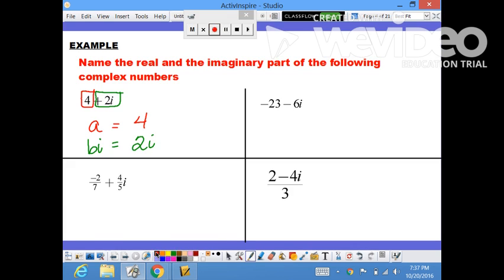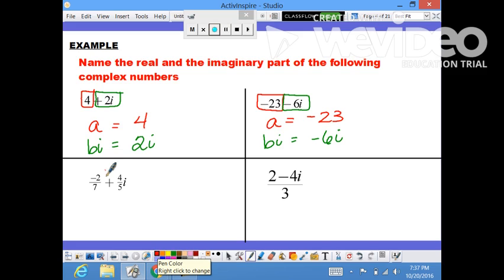Same thing here. We have -23, and then we have -6i. So again, if we want to name this, a equals -23, which is our real part, and our imaginary part, bi, is -6i.